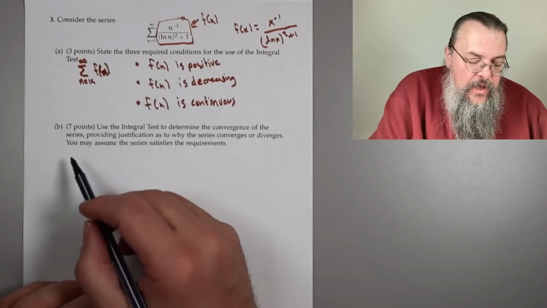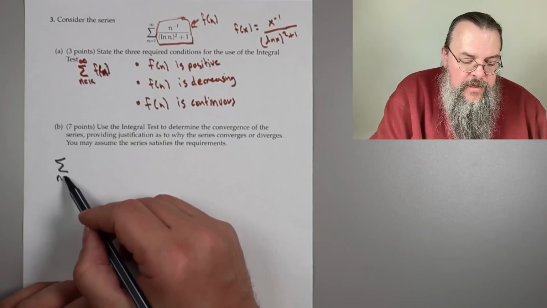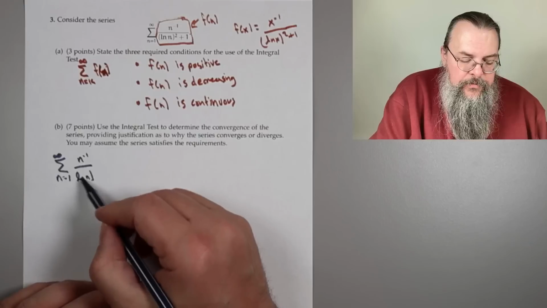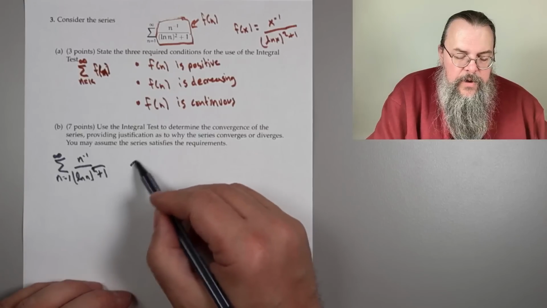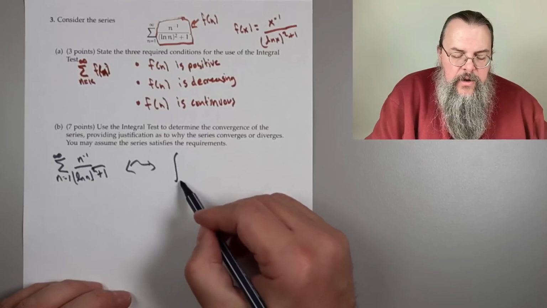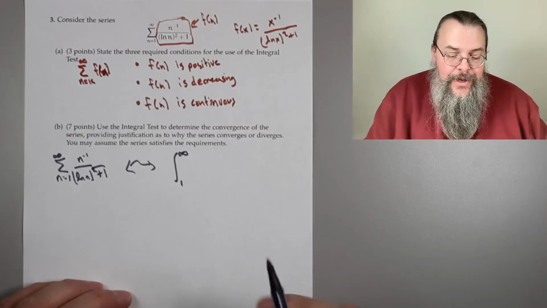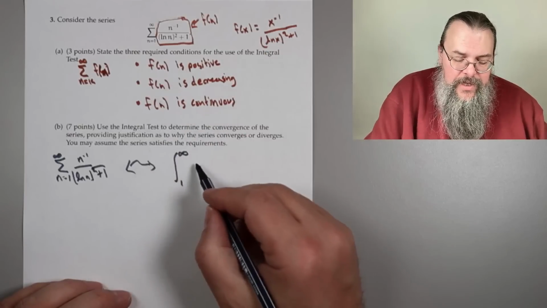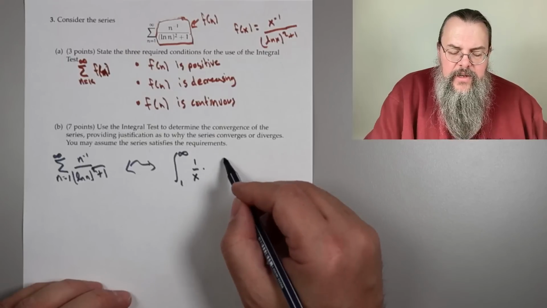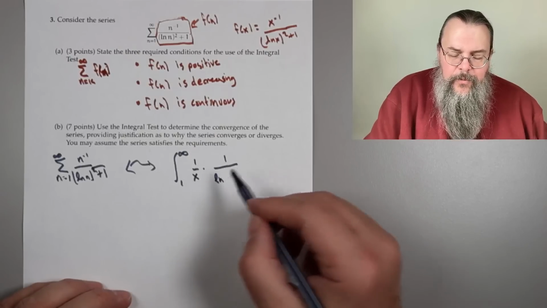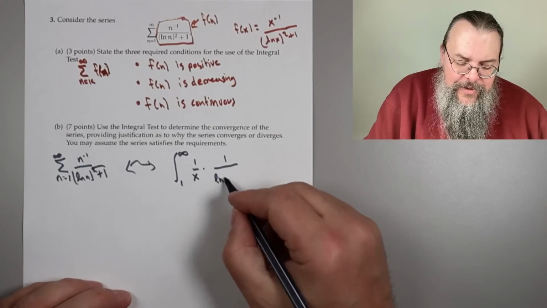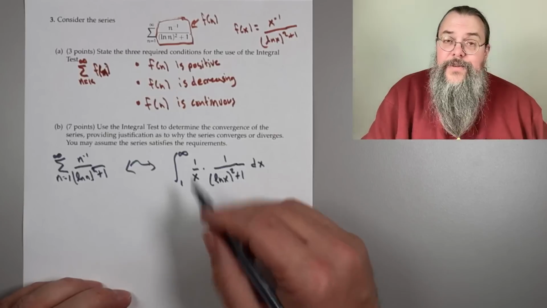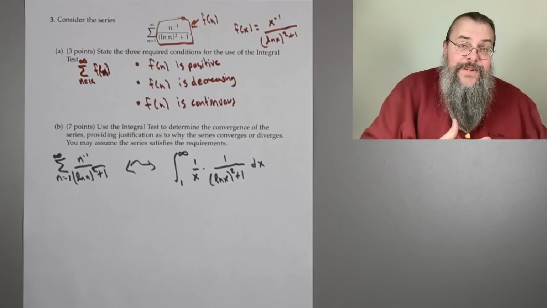The punchline says, instead of looking at the sum, we're going to look at the integral. We're going to compare with the integral. Now, they're not the same value, but you can glean information. Now, this x to the minus 1, I'm going to write that as 1 over x, because I like x to the minus 1 as 1 over x when I'm doing calculus, because it really reinforces, I recognize 1 over x. 1 over x is the derivative of natural log.